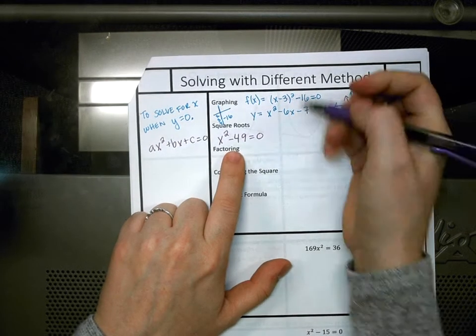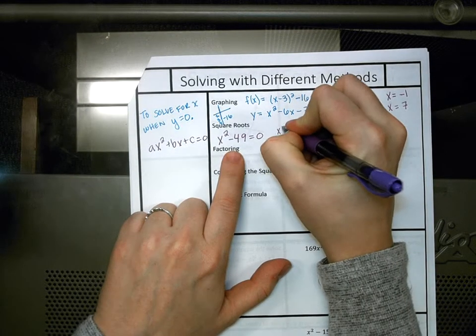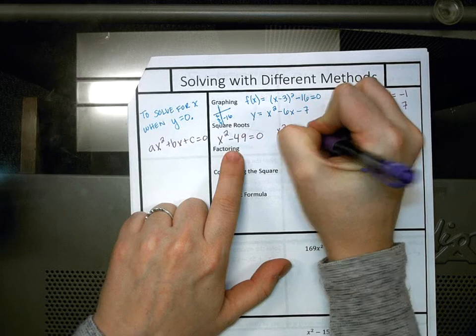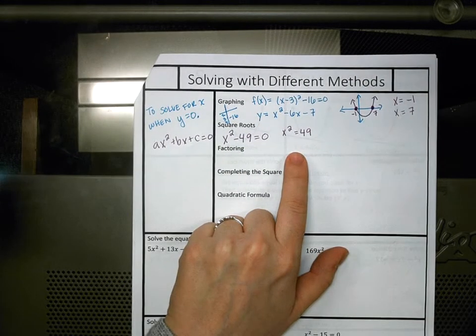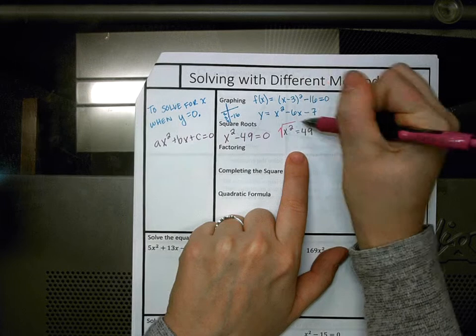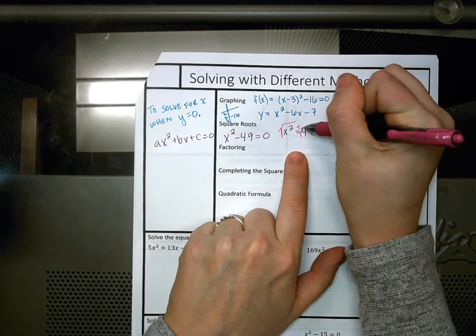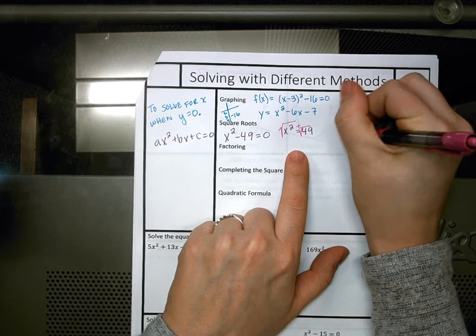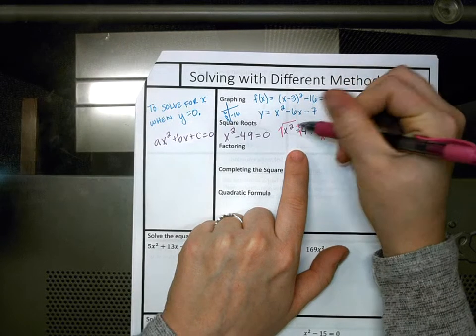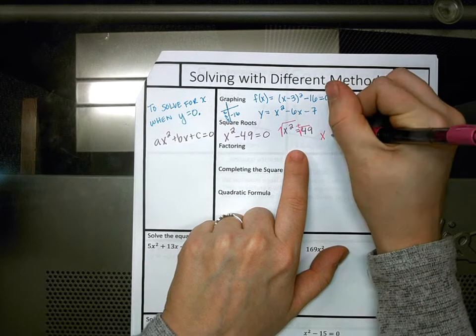I could add the 49 to the other side, which would give me x squared equals 49. Once you isolate the squared term, you use square roots to solve, which means I want to take the plus or minus square root of each side. The square root of 49 is 7, so that means my answer would be x equals plus or minus 7.